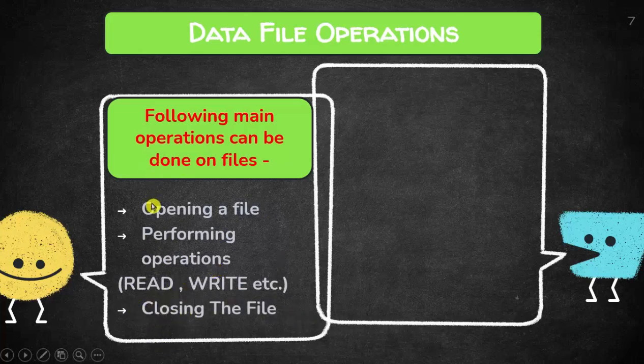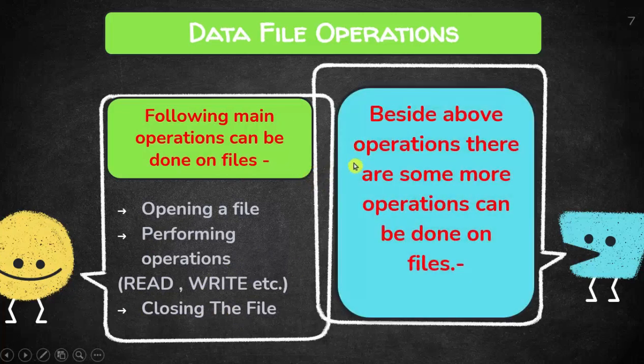What we basically do is open a file, perform read and write operations on it according to our requirement, and when we are done, we close that file for security purposes.